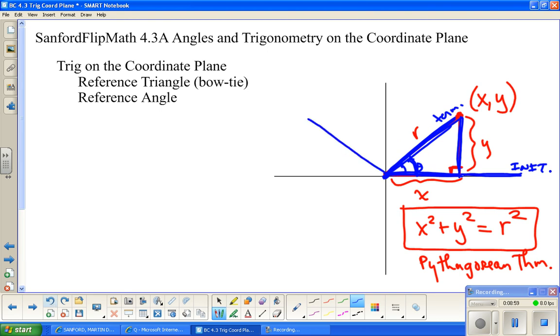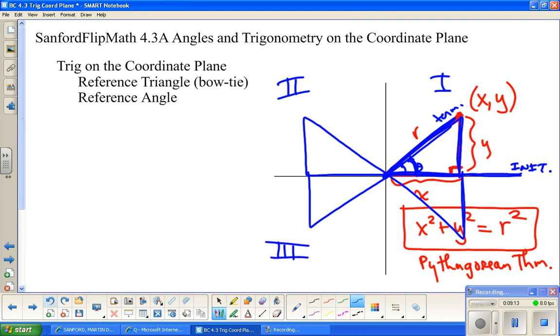Likewise, it could be located over here, or over here, or over here. So if I'm in the first quadrant, just a reminder of the quadrant numbers, and I don't know why we are consumed with Roman numerals when it comes to quadrants, but there we are: 1, 2, 3, 4. Remember that 4 is 1 before 5. Reference triangles are always part of what I refer to as this bow tie.